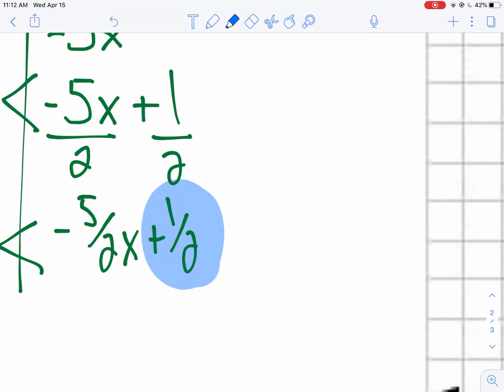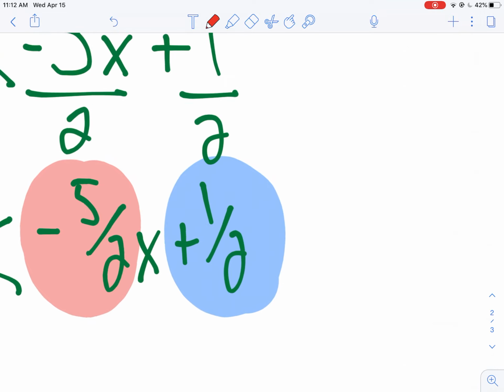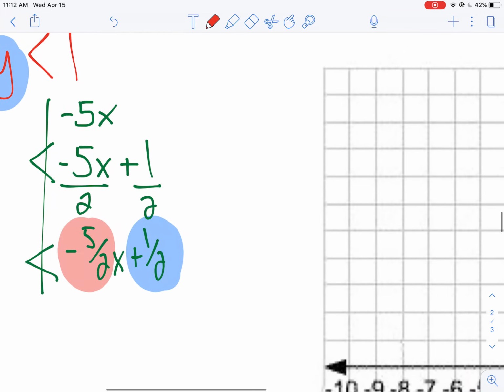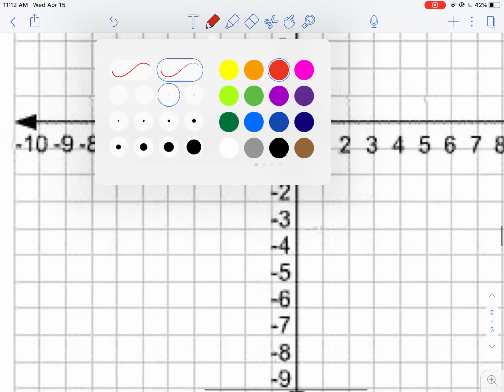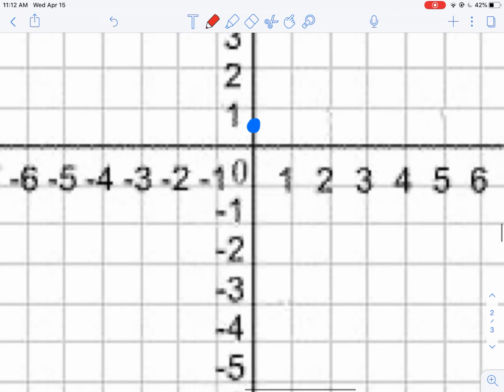My next step, I am going to graph my slope. I got negative 5 over 2 for my slope. Remember, slope is change in y over change in x. So I'm going to be going down 5, right 2. I'll use a light marker here. I'm going to go down 1, 2, 3, 4, 5.